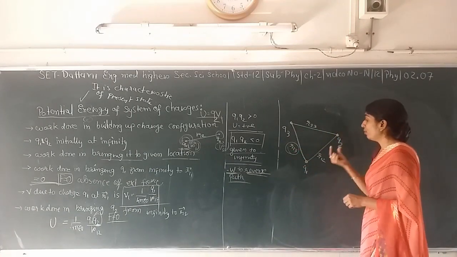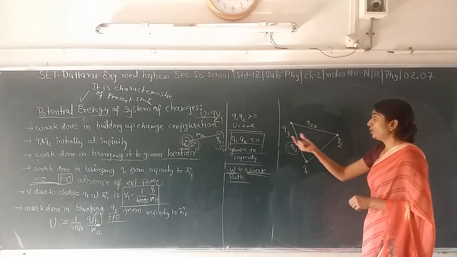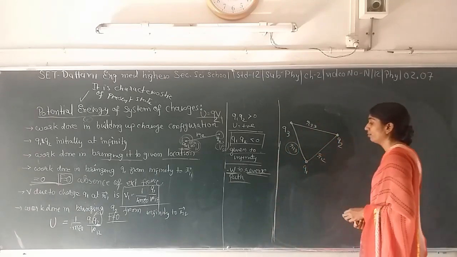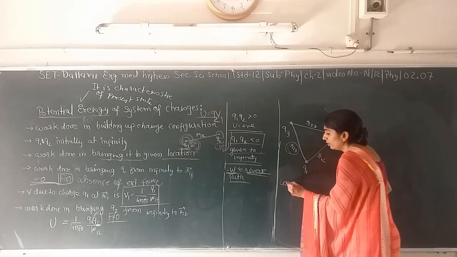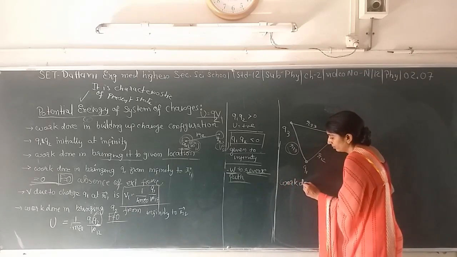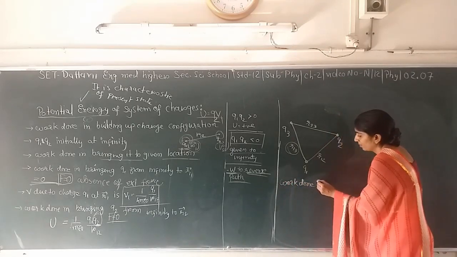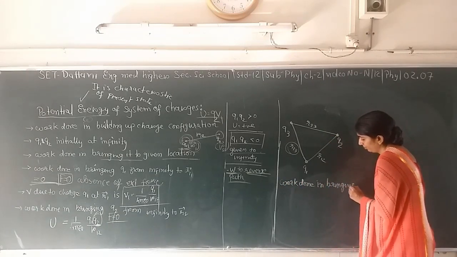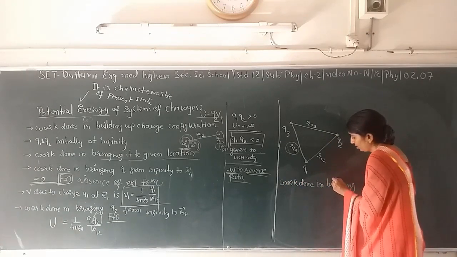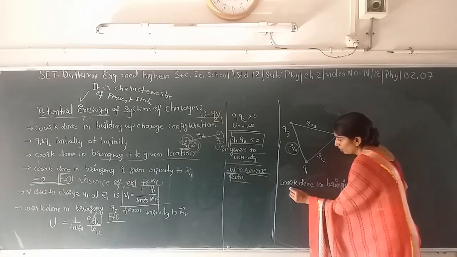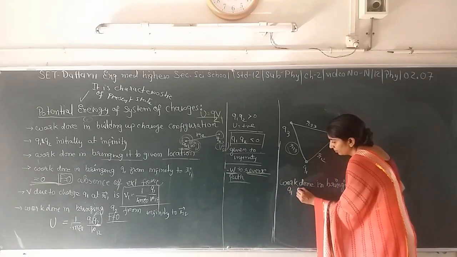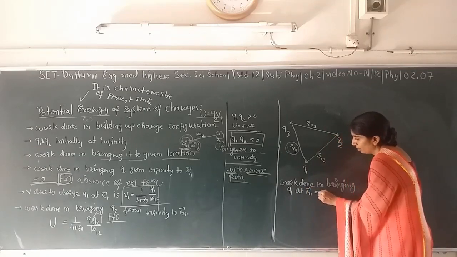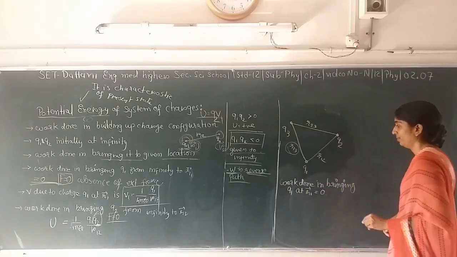The distribution of three charges Q1, Q2 and Q3 and the work done in this configuration. So work done in bringing Q1 at R1 is equal to 0.